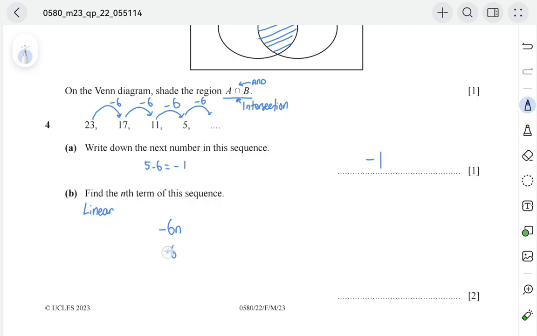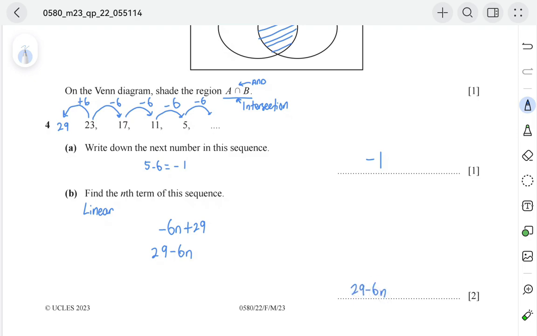To figure out what else goes into the nth term, we have to go one step back, and instead of doing -6, we do the opposite and do +6. 23 plus 6 gives us 29, and this is actually part of the nth term. So we have to add 29, or we can also write it as 29 minus 6n.